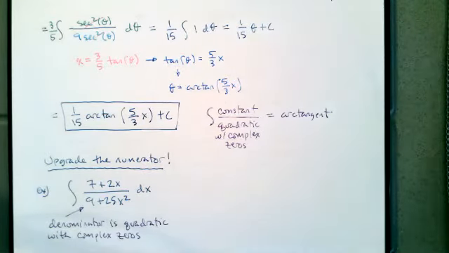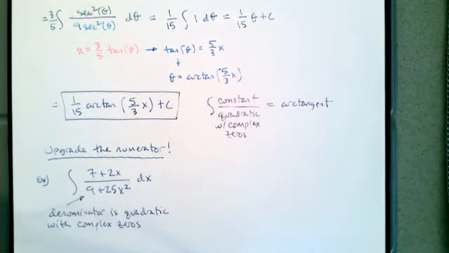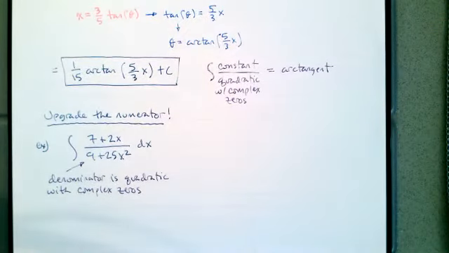This is a mouthful, saying things like quadratic with complex zeros, but it's really important to say it this way and not say unfactorable, because it's not the unfactorableness of the denominator that leads to arctangents and natural logs. It's the complex zeros that's doing it to us.